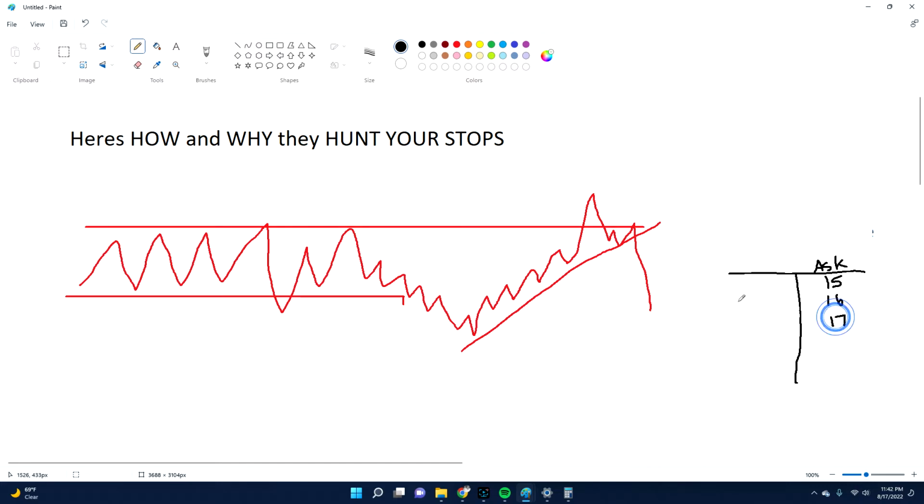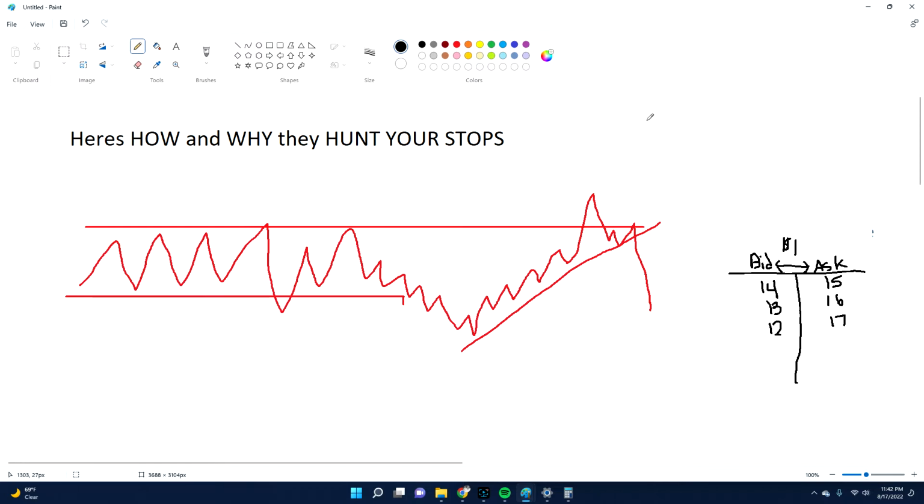The bid is the highest price that someone's willing to buy for, and that's going down. What you have here is the bid-ask spread, which in this example is $1. The only way a trade happens is if somebody ups their bid and pays the ask, or the ask people lower their ask and take the bid.